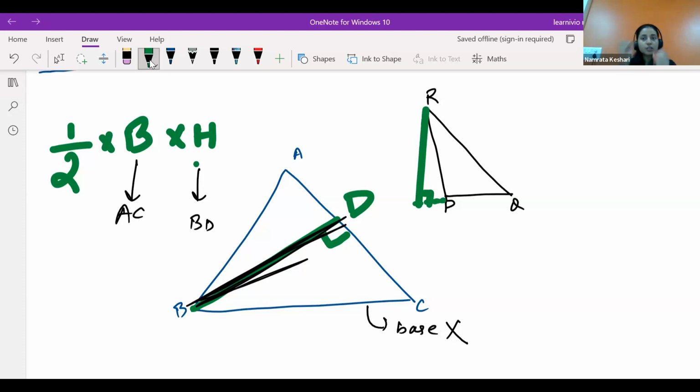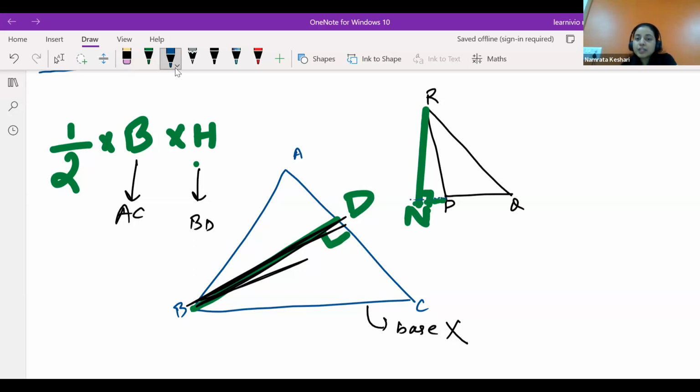If you are not getting how to find the height, let's say this is P over here, and RN is the height over here. If you are thinking what length you will be taking, you just have to extend your base.